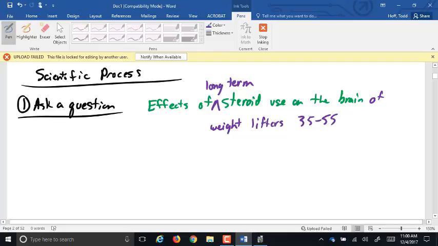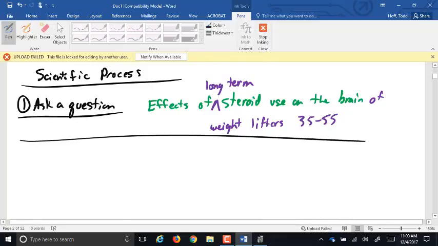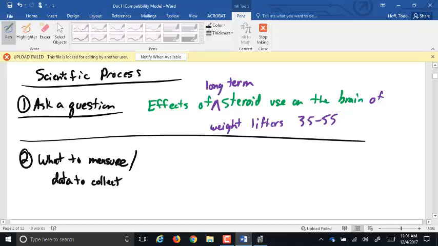The next thing is they want to look at what they are going to measure. They just said what to measure, or what data to collect. And what did they do to collect data here?